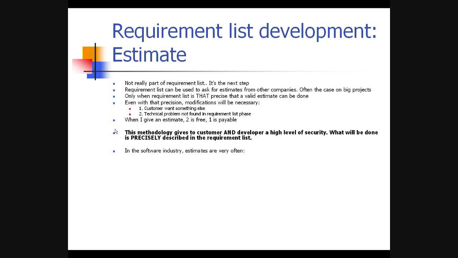Of course, in the software industry, estimates are very often not final and extremely different from the final price. I think we all have in mind examples from governmental projects, where the original estimate is 3 million and the final price is 15. Well, there are many of them like that, and the reason is often that the requirement list is very bad to begin with.